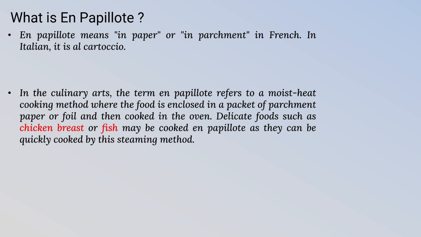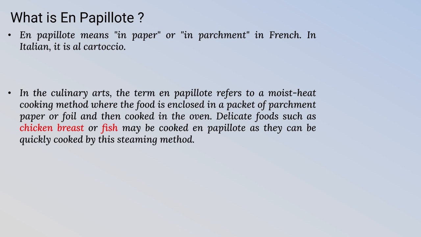What exactly are we trying to convey here? From the term, we understood that papillot means in paper or in parchment. It is, first of all, a moist heat method of cooking, where we take the food item, enclosed in a packet, either parchment paper or foil, and then the entire thing is sealed and cooked in the oven.